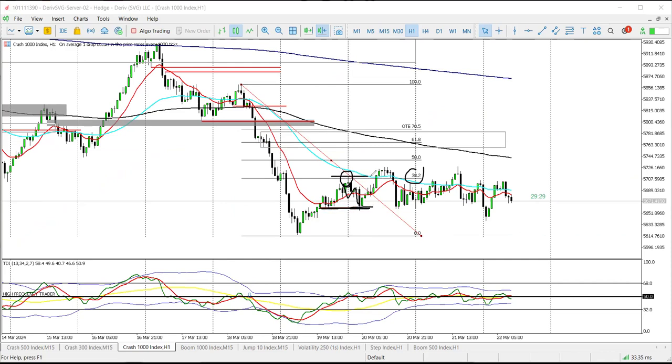So price continued to extend the high, came back to the 38.2, rejected, gave another sell. So intraday, those are actually good sell trades because this is H1. Intraday, we drop down to M15, M5 sometimes, and as long as we can get a pattern, we can get 20, 30 pips out of these moves.